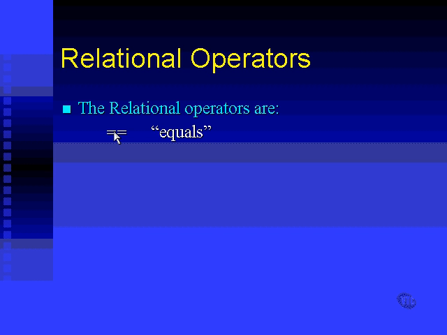Single equals means assignment. Double equals means comparison. The number of times these are confused in the language of C is just uncountable, mostly because programmers come from programming in other languages where they use single equals for comparison, so they do that out of habit.